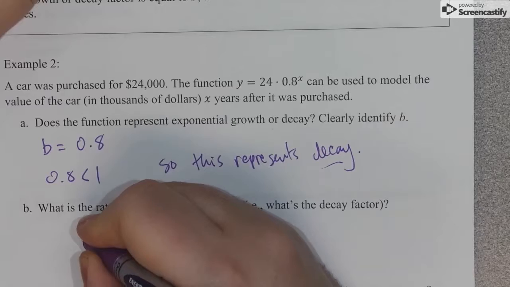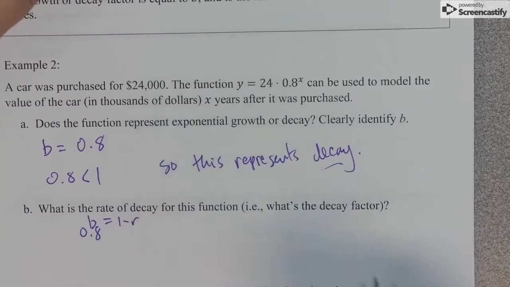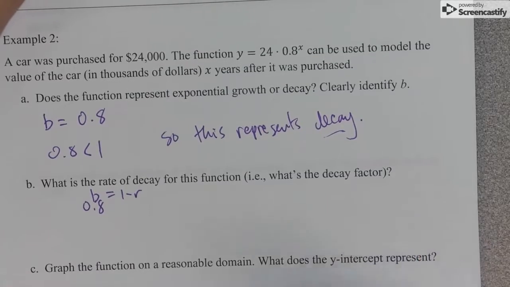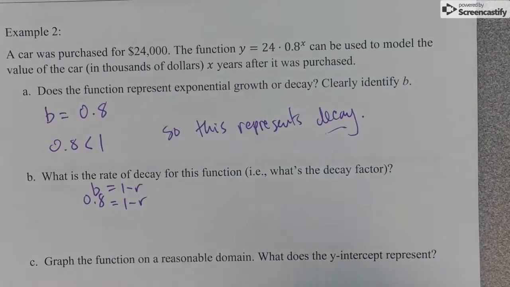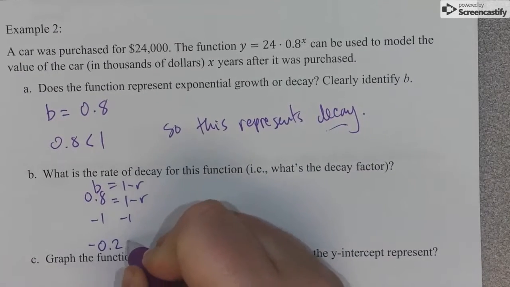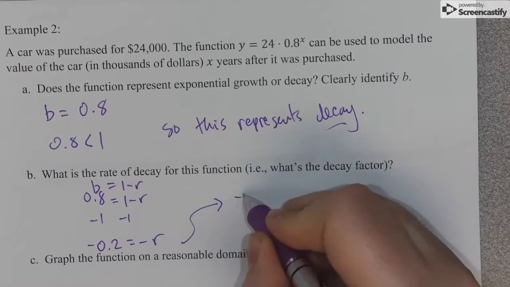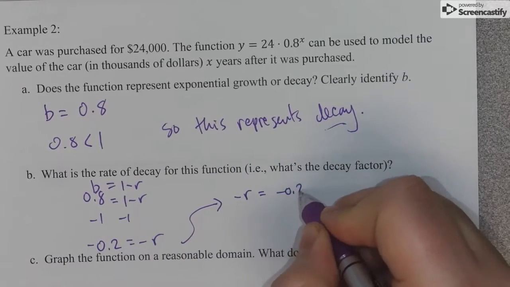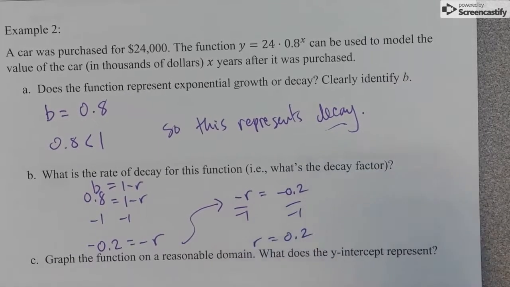So 0.8, so our b equals 1 minus R, since this is decay. So 0.8 equals 1 minus R. So we're left with solving this for R. If you subtract 1 from both sides, you get negative 0.2 equals negative R. So negative R equals negative 0.2. Divide both sides by negative 1, so R equals 0.2.